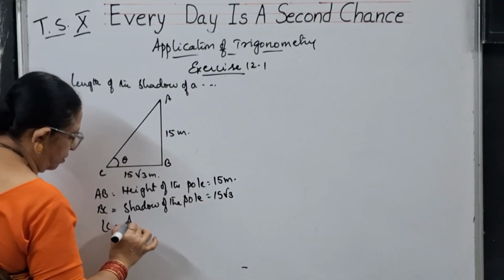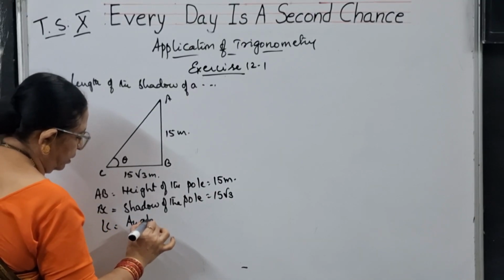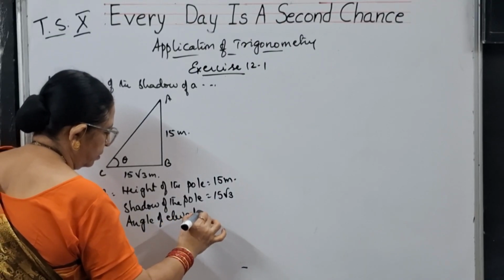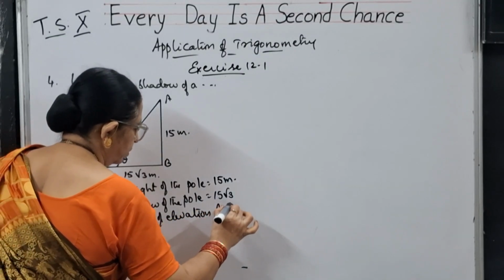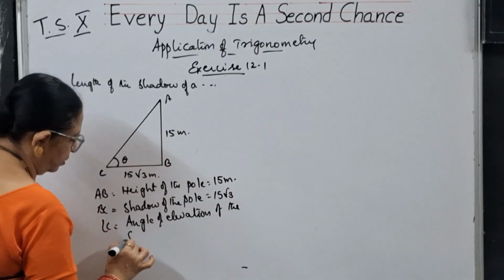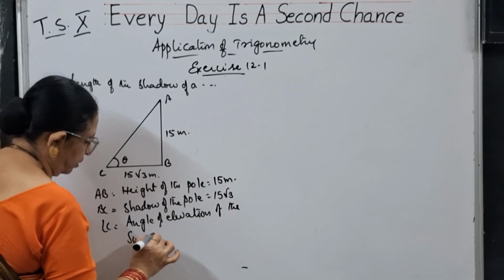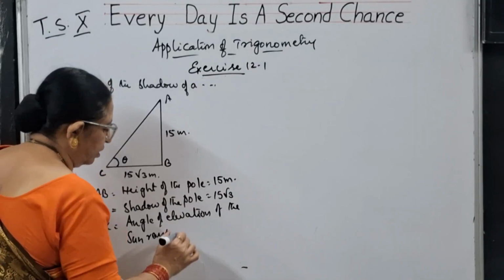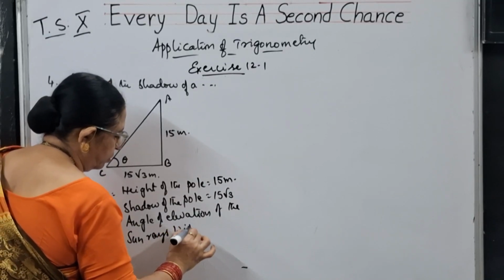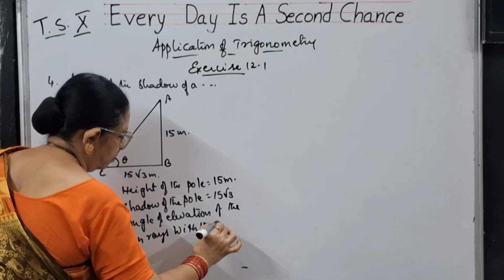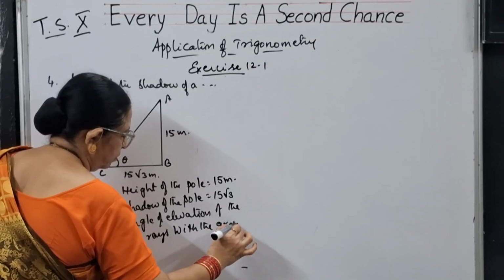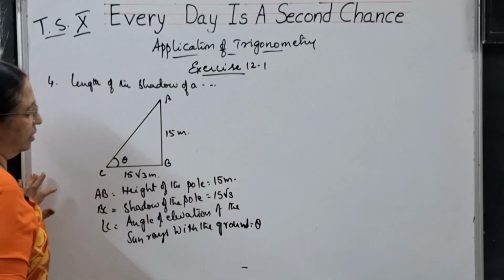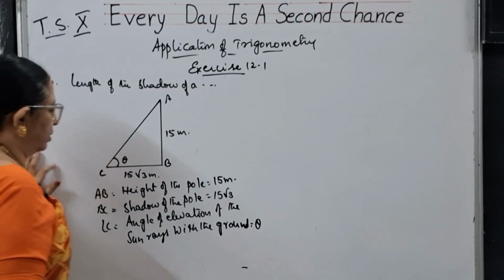Angle C is the angle of elevation of the sun rays with the ground. How much is it? We don't know. That is theta. We have to find this out.